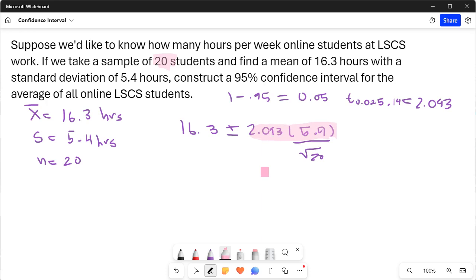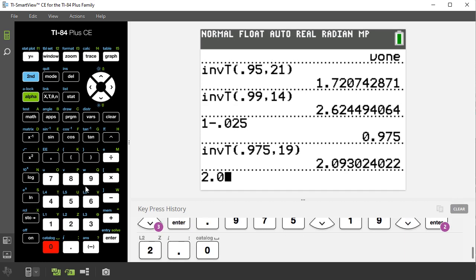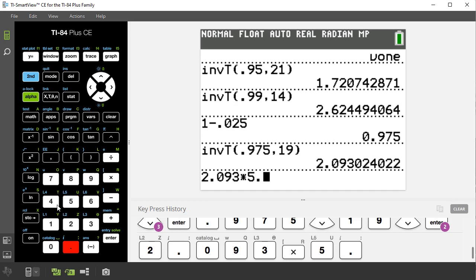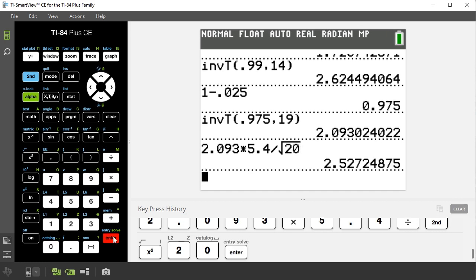So here we'll take the computation of 2.093 multiplied by our standard deviation of 5.4, and divide that by the square root of the sample size, which is 20. What I'm calculating right now is actually the margin of error.